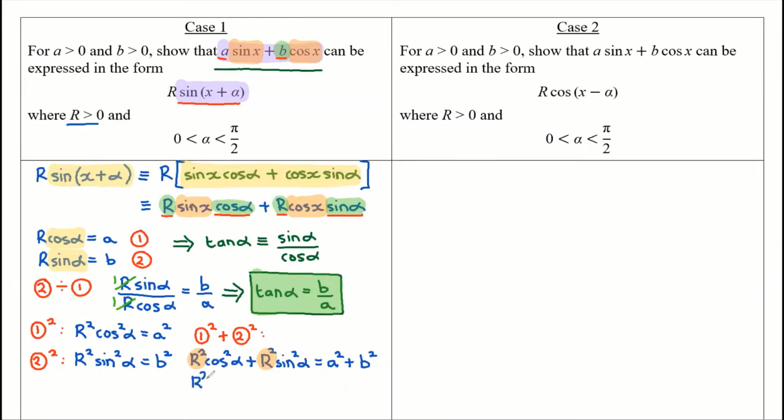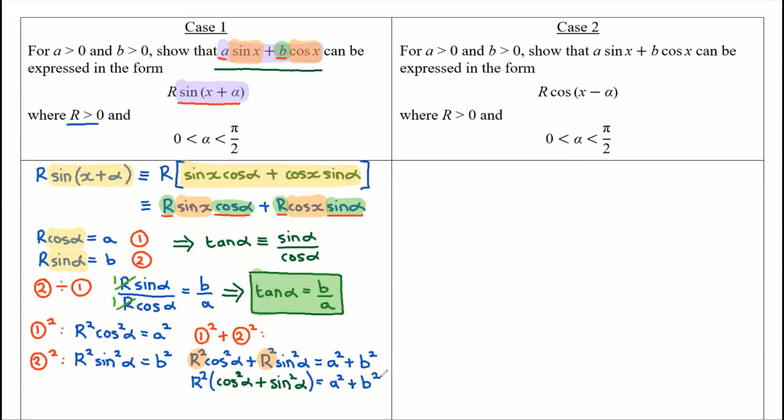Now, inside the brackets, we're going to have cos squared alpha plus sine squared alpha. We'll close the bracket, and that is just going to be a squared plus b squared. Right, can you see what's going to happen?